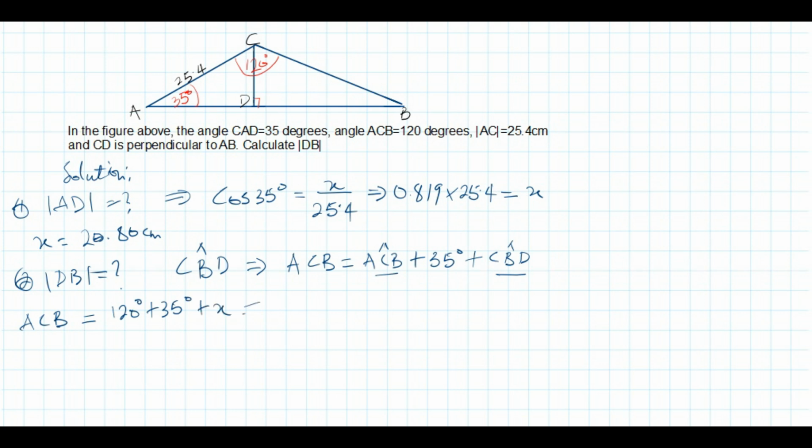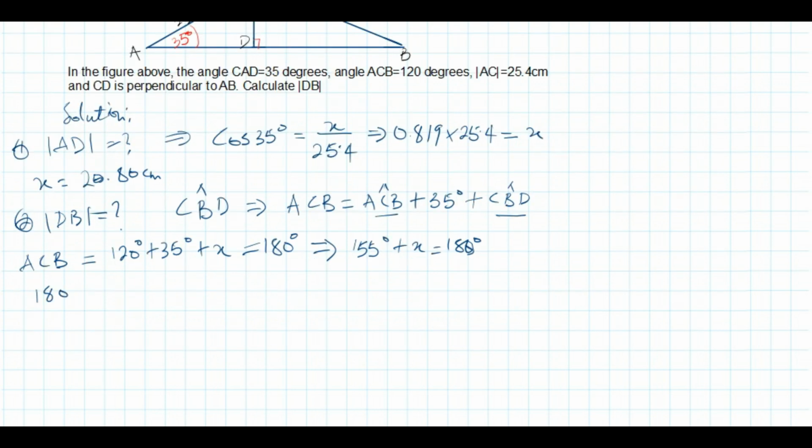But all of these angles should add up to 180 degrees. So for us to get x, we sum them up. 120 plus 35 will give us 155 plus x. So we subtract 155 from 180. So 180 minus 155 should give us x.